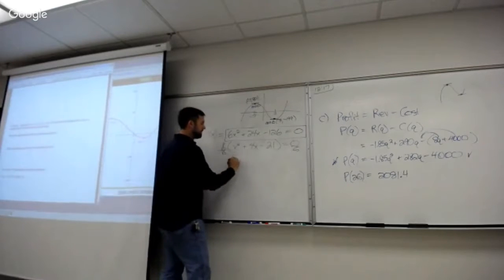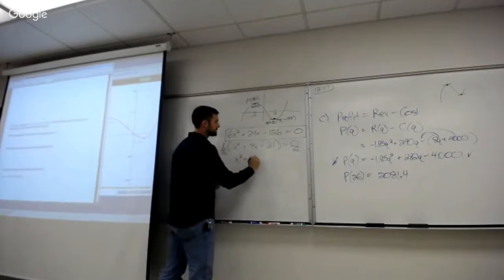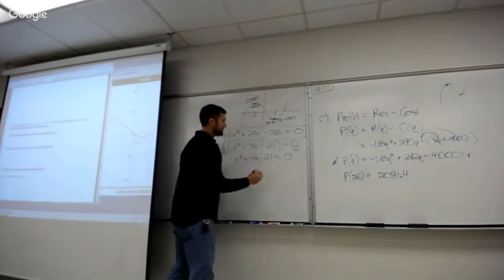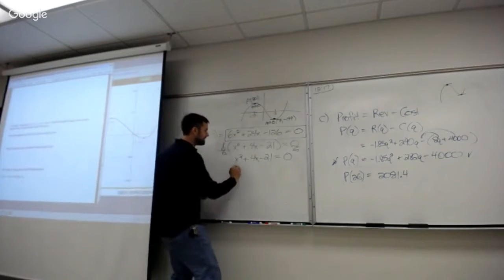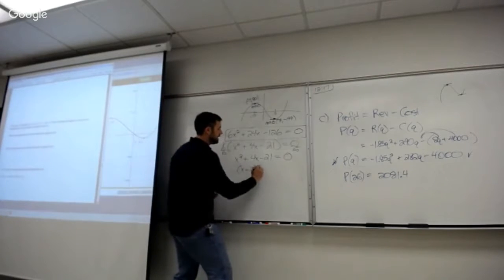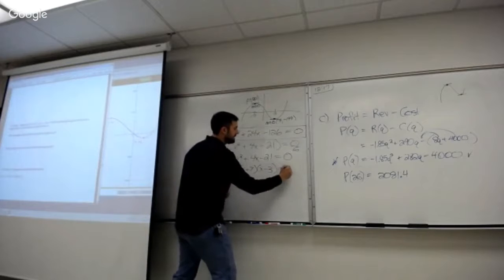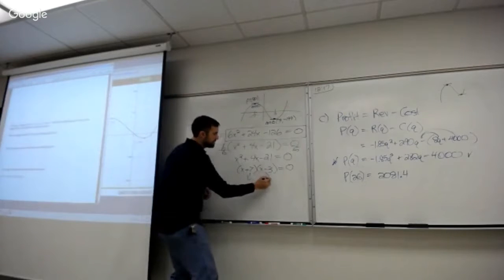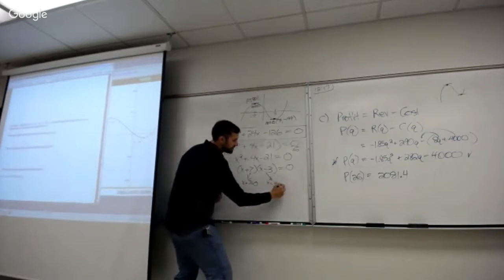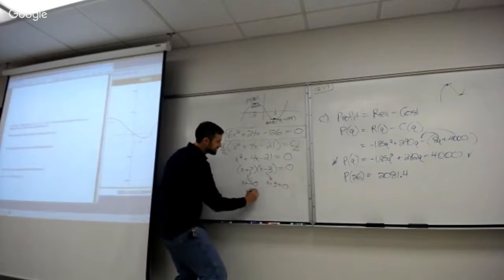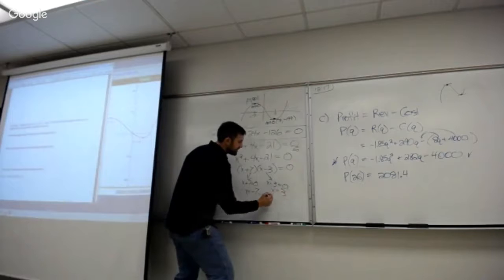And you can factor this: x squared plus 4x minus 21. What multiplies to make 21 that adds to make 4? 7. Yeah, 3 and 7. So this is x plus 7 and x minus 3. And by the zero product rule, either x plus 7 is equal to 0 or x minus 3 is equal to 0, which means x is equal to -7 or x is equal to 3.